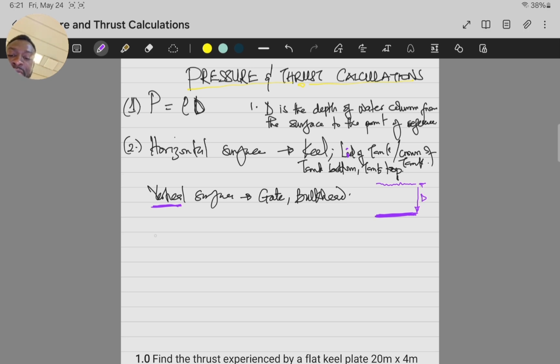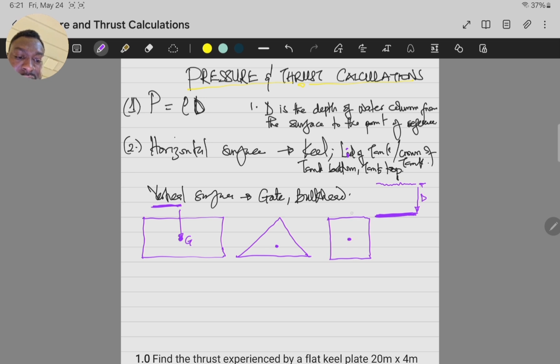So if it's just a rectangular bulkhead or gate, then D is going to be from the water surface to the centroid, the center of gravity. Let's consider a triangle, so it's going to be the center of gravity. If it's a square, then again it's going to be the center of gravity. That's where we measure D up to, from the surface.